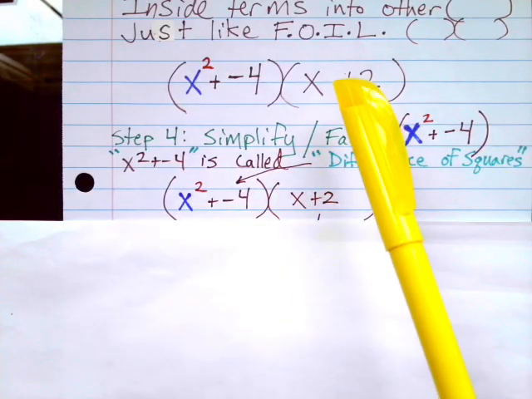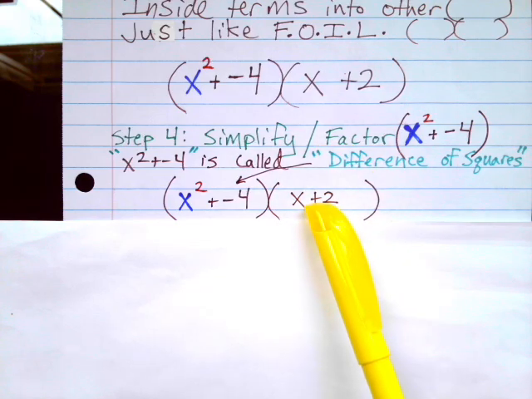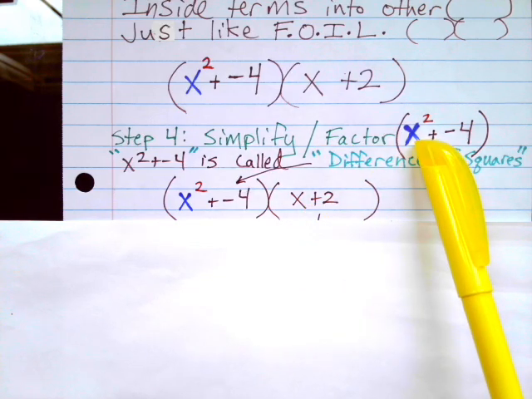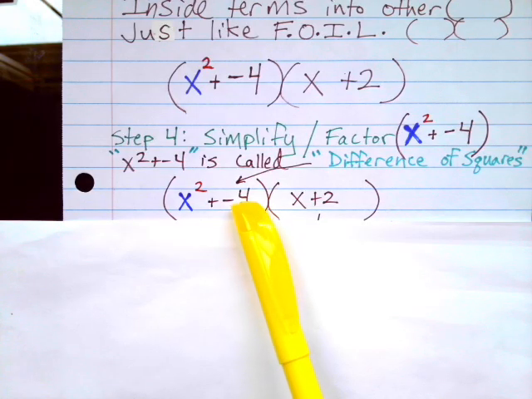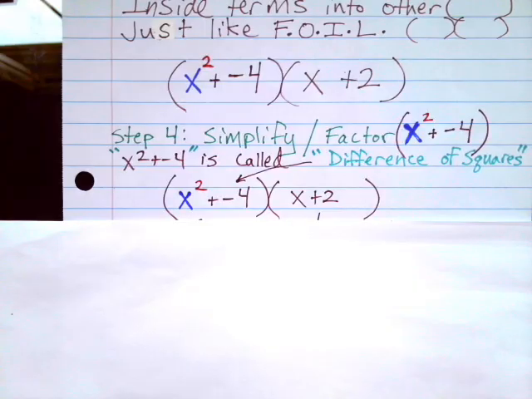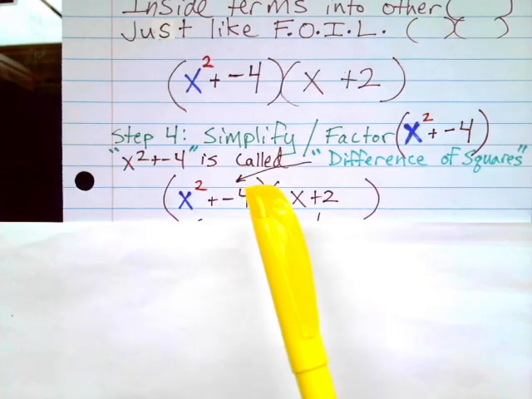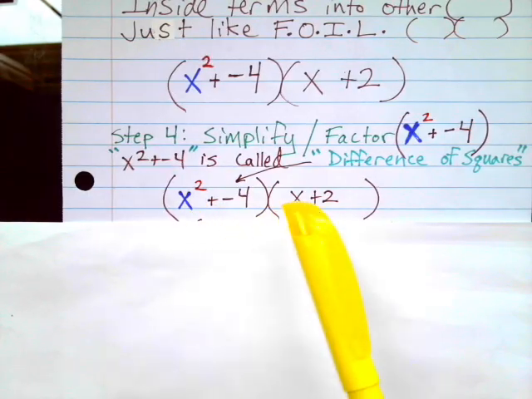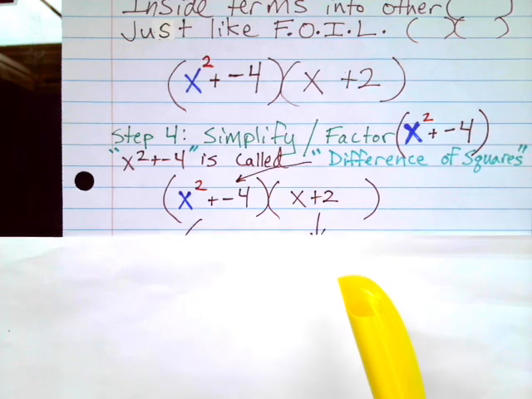So the x plus 2 inside parentheses stays with our answer. We're going to take this x squared plus a -4 and factor it again because it's a difference of squares. What two numbers would multiply to -4 and yet add up to 0? We know x squared is x times x, so this will be broken up into two parentheses, and then this just remains the same.